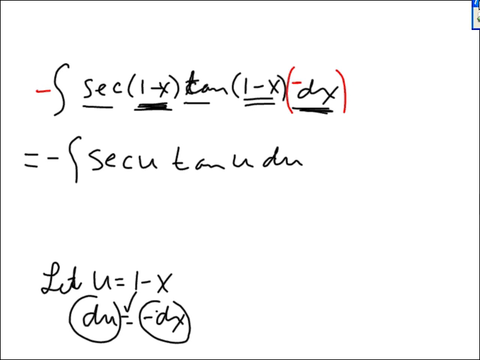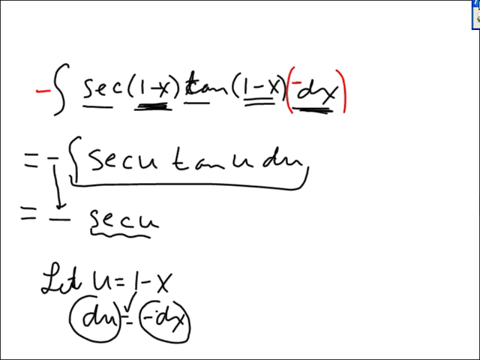Well, you're supposed to know the integral of secant u tangent u du. The minus I just wrote down is that minus. This integral is just secant. Remember, the derivative of secant is this.